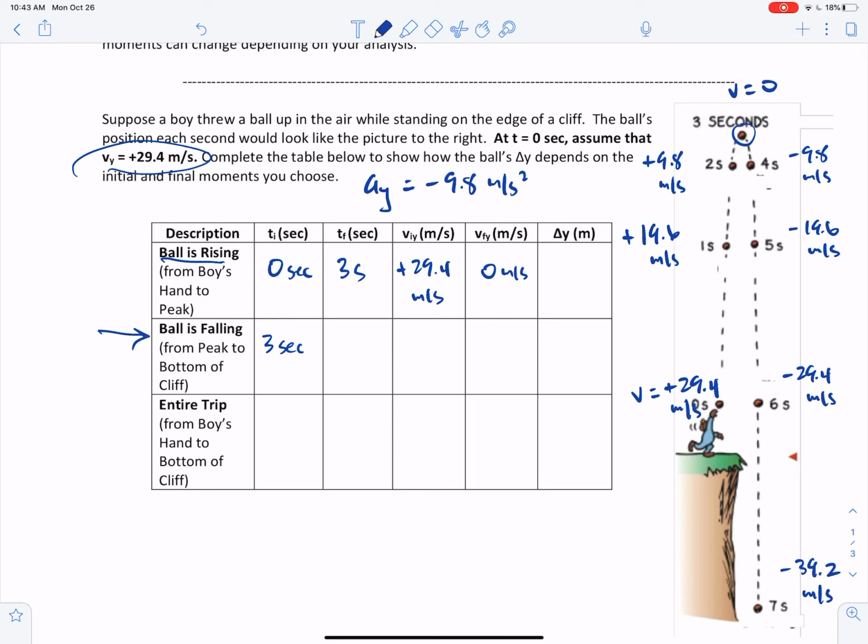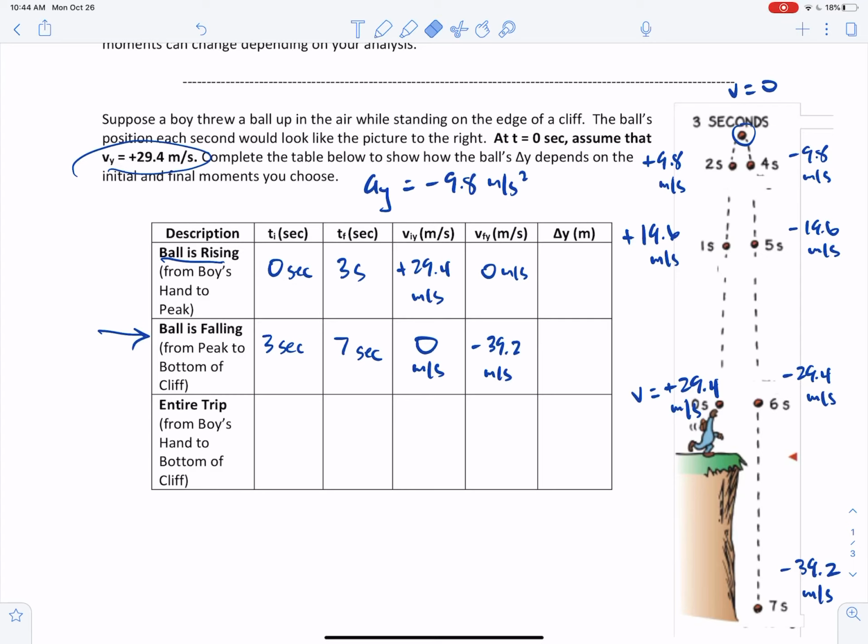Then the final time would be 7 seconds. In this falling motion time interval, the initial vertical velocity would be 0 meters per second, right? That corresponds with the 3-second moment. And then the final vertical velocity would be negative 39.2 meters per second. Okay, that corresponds with the 7-second moment. All right, we'll come back to this part at the end.